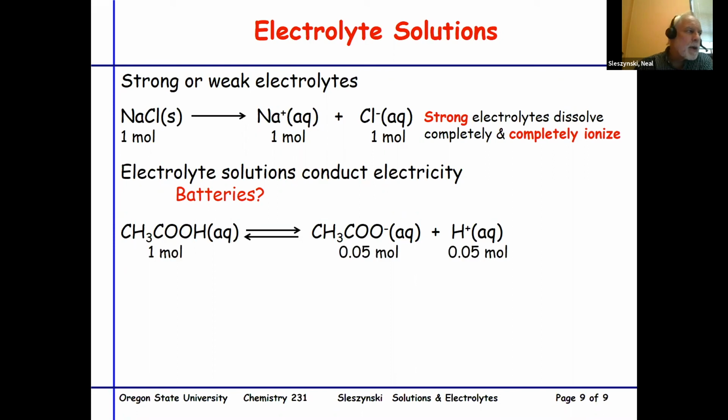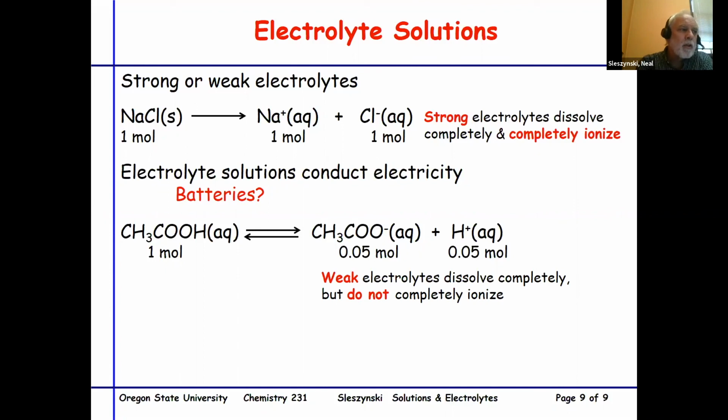But in this case, if I put 1 mole of acetic acid in solution and it will completely dissolve, I'll only get about 0.05 moles of acetate and 0.05 moles of hydrogen ion. The vast majority of the moles that I put in stays undissociated, not forming ions, in the covalent molecule acetic acid.